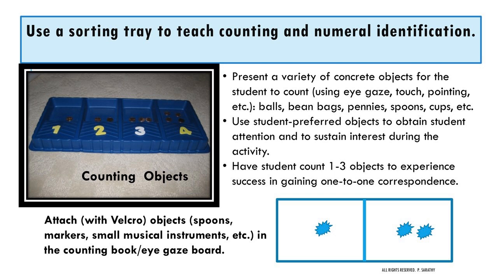And try to use student-preferred objects so that the motivation increases. Instead of asking them to count 10 objects and continuously making errors, it is important that you use only 3 or 4, or begin with even 2. Give me 2. And if they continuously make errors and keep giving more than 2, immediately stop before they practice those errors over and over again.